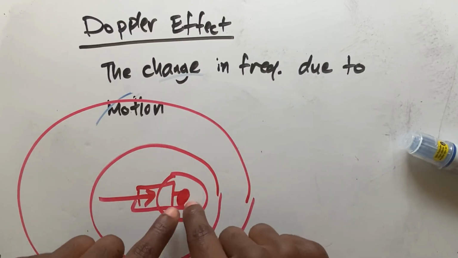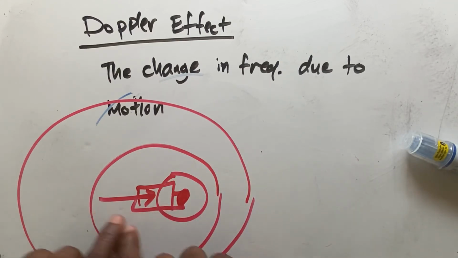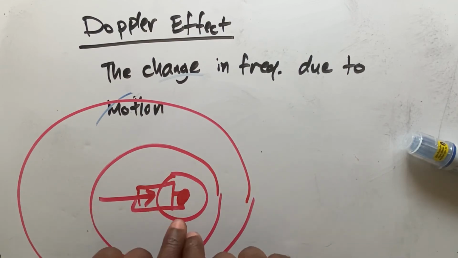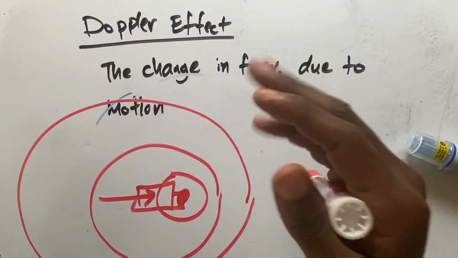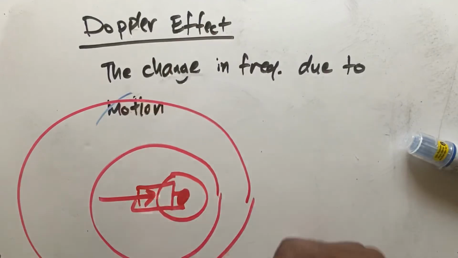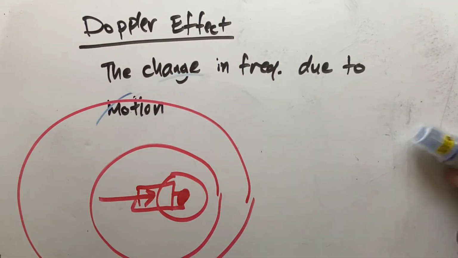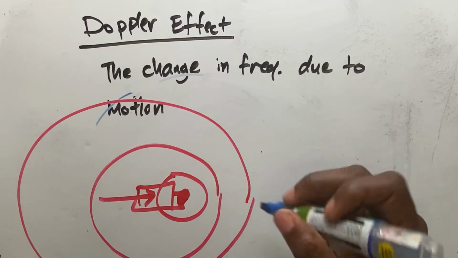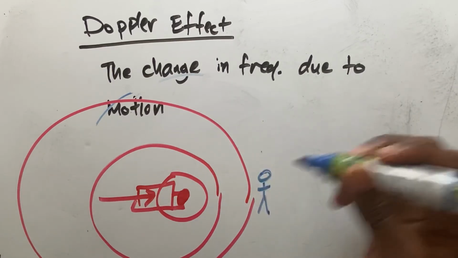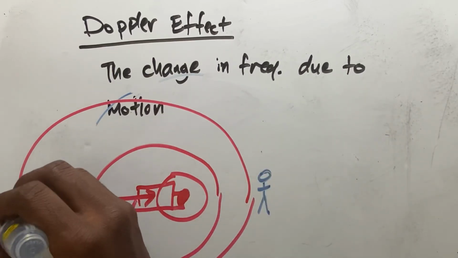You can think of this dot as the source, and since the source is moving, that causes the sound waves outwards to look skewed. Now imagine a person standing over here, and a person standing over here.